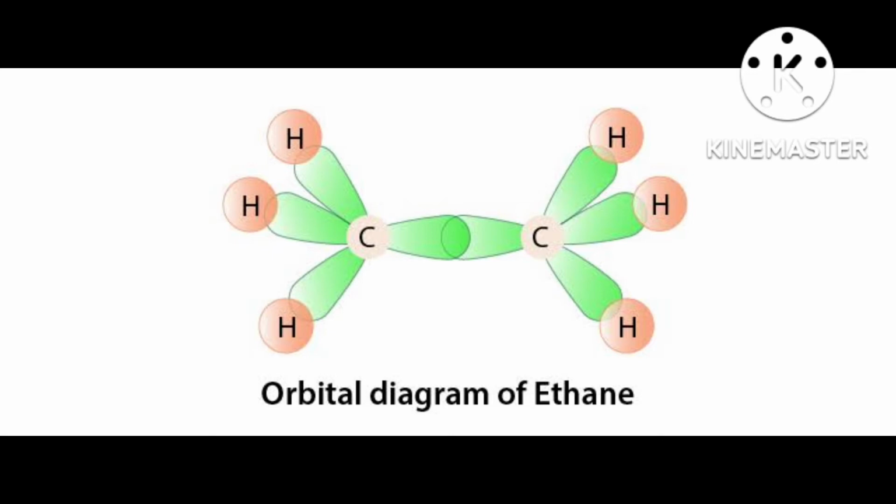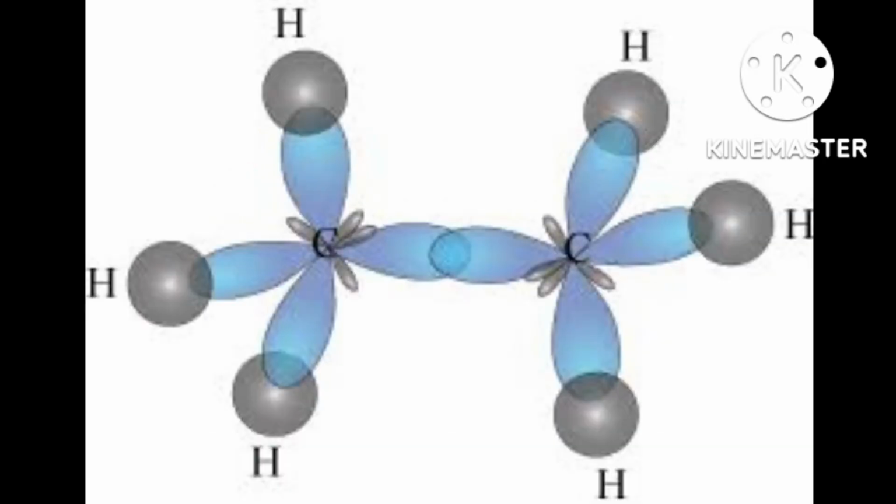Here just listen, in the formation of the ethene molecule, one of the sp2 hybrid orbitals of a carbon atom overlaps axially with an sp2 hybridized orbital of another carbon atom to form a carbon-carbon sigma bond. This is the ordinary sigma bond.